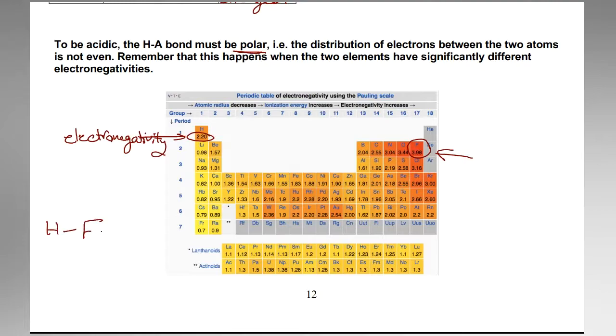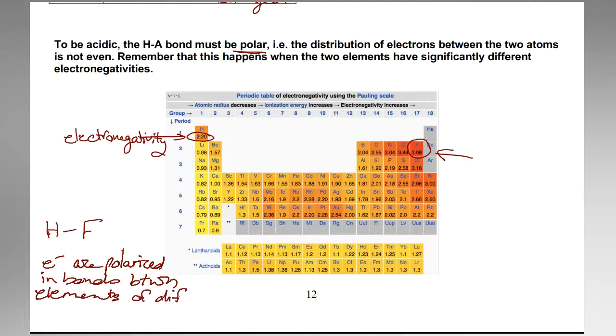And let's just take HF as an example. So in the case of bonding between two elements that have different electronegativity, the electrons will be polarized. The electrons are polarized in bonds between elements of different electronegativity.